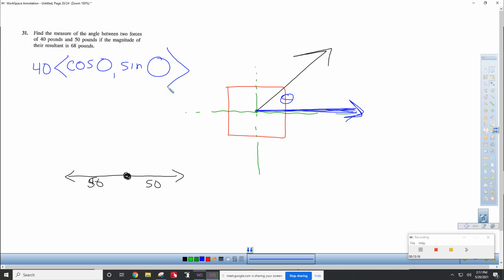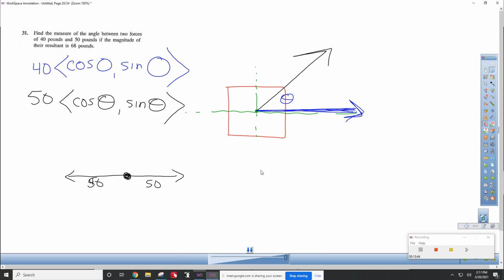Now the other one is going to be 50 times cosine theta, sine of the same angle theta. That's going to be the black one. Now if we add the blue one and the black one and take the magnitude, it should give us 68.